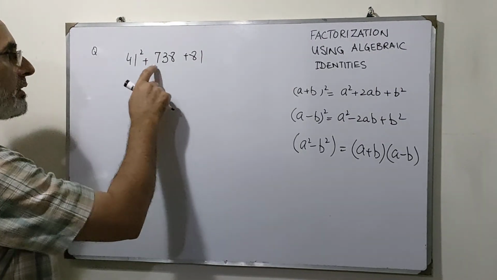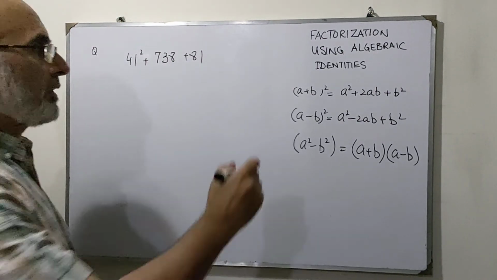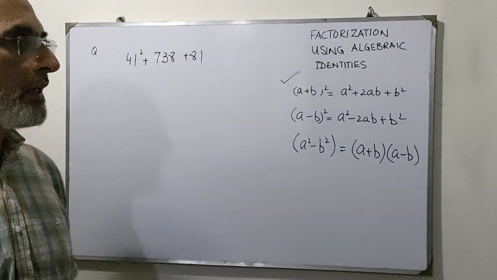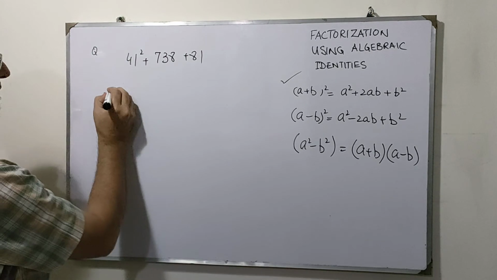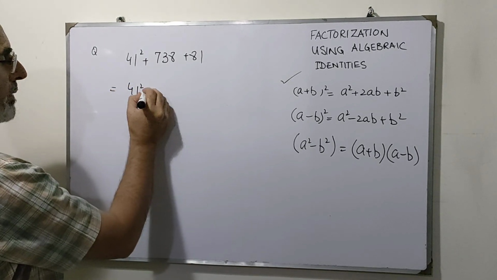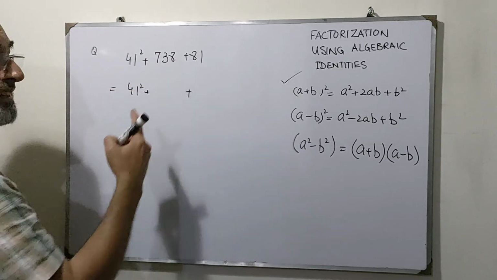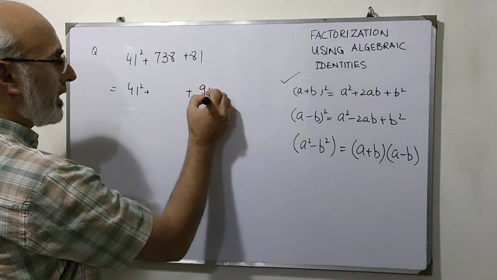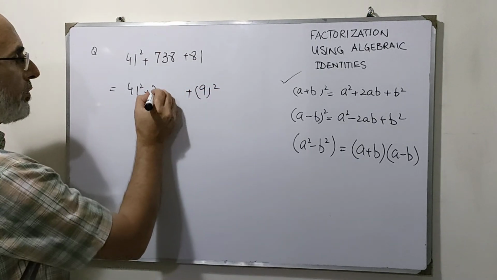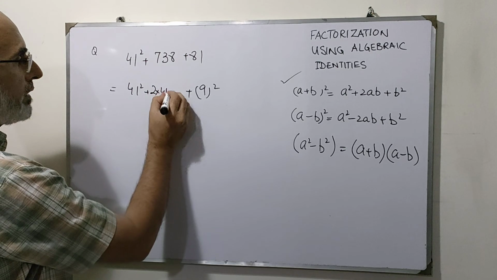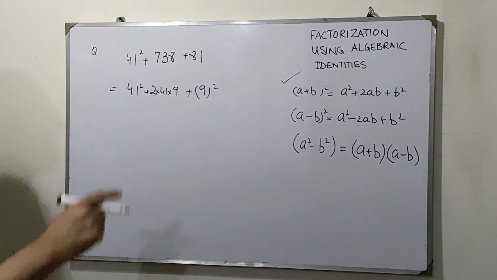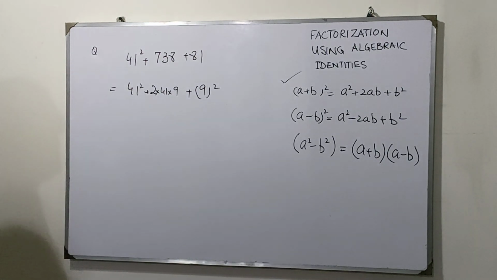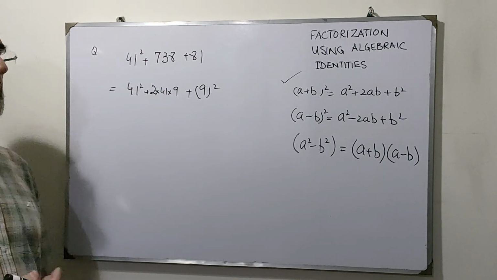And if we see all the numbers are positive, so this is the one we have to apply. So a square, we already have 41 square, plus 81, which is the square of 9, so 9 square. Now what we need is 2 into 41 into 9. And if we multiply this, it is equivalent to 738. 41 into 18 is 738.